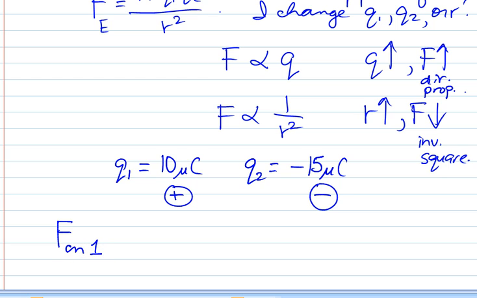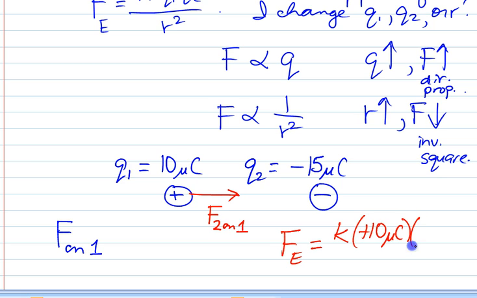Hopefully we recognize that this would be a force going to the right, the force of 2 acting on 1. Now we have to be careful, because if we were to calculate Coulomb's law, let's not worry about K, but I would put in plus 10 for Q1 and minus 15 for Q2, and let's say that they're just separated by 1 meter, over 1 squared.